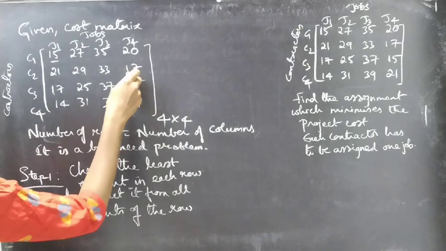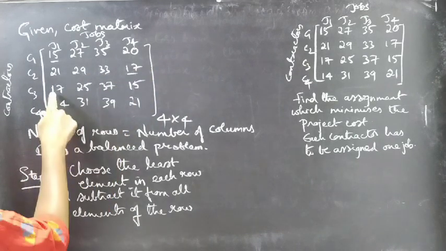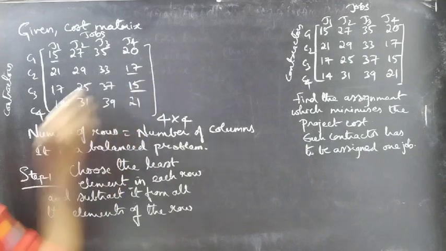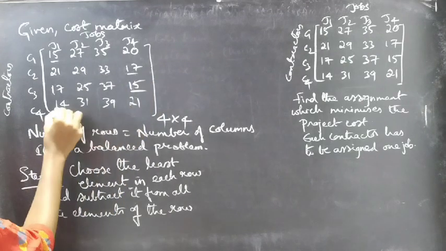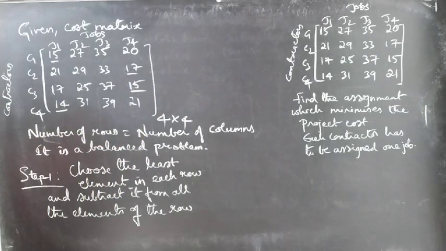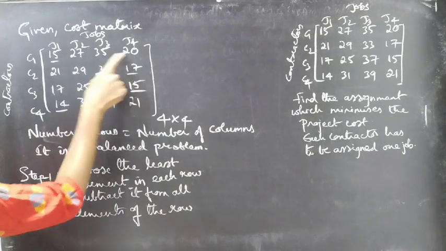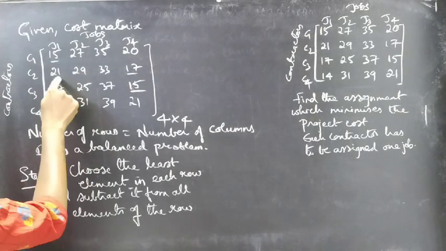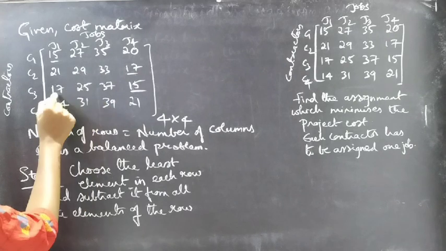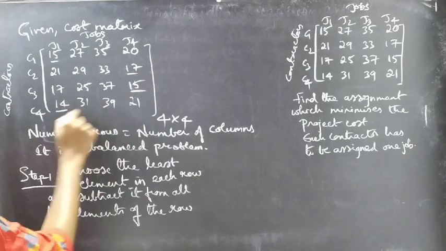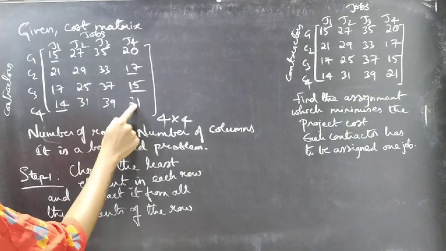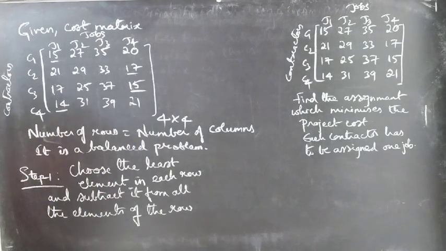In the second row, 17 is the least element. In the third row, 15 is the least element, and in the last row, 14 is the least element. So we have to subtract all the elements of the second row with 17, all the elements of the third row with 15, all the elements of the last row with 14.